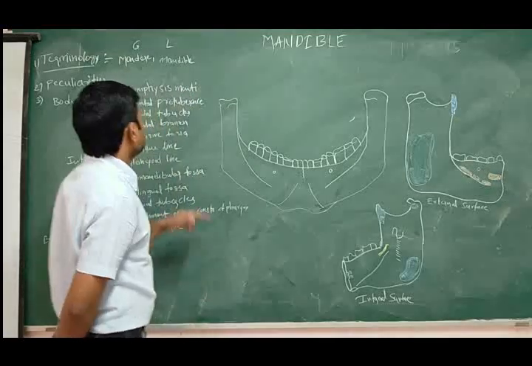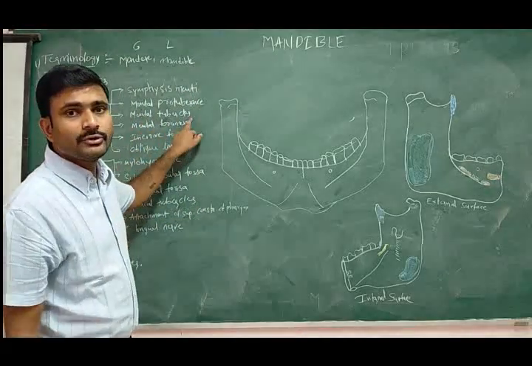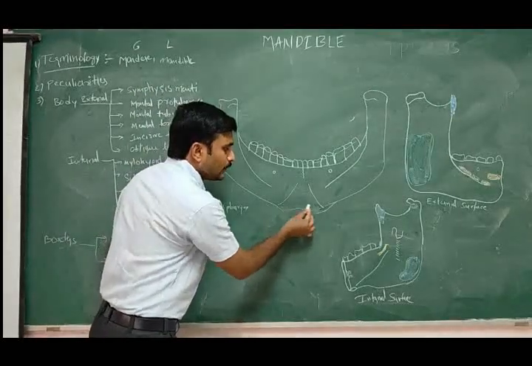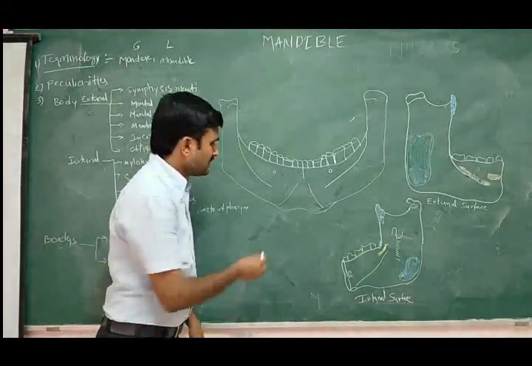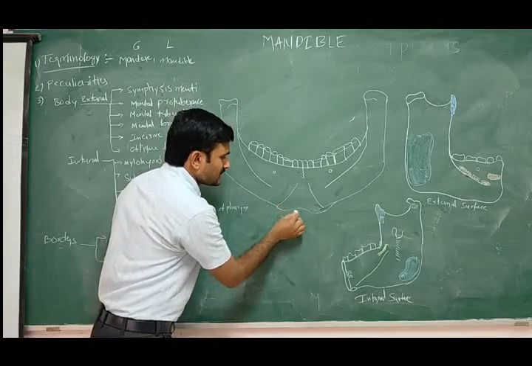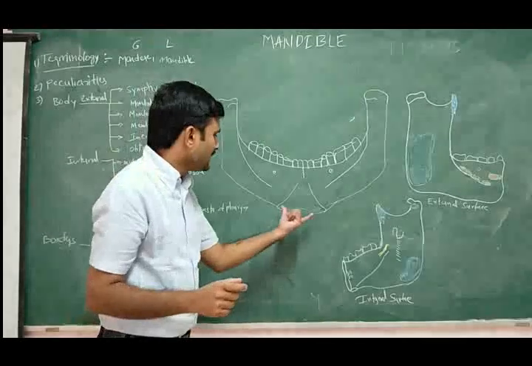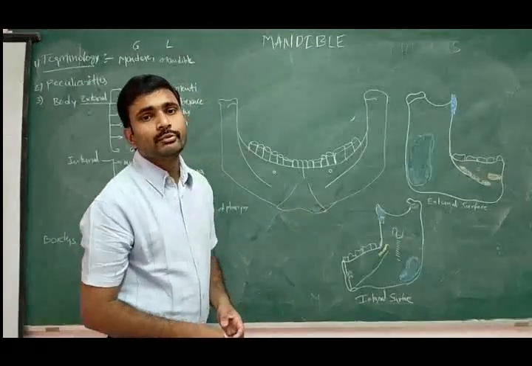Clear? Then next, the mental tubercles. At either side of the lower angles, there are small bony tubercles. These are called the mental tubercles.